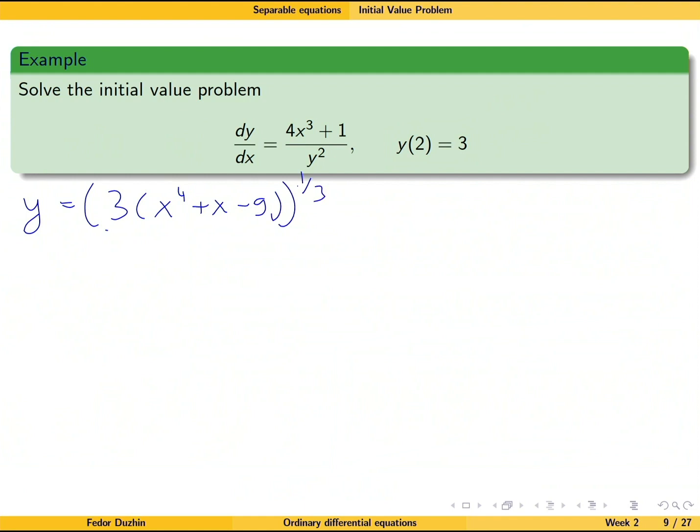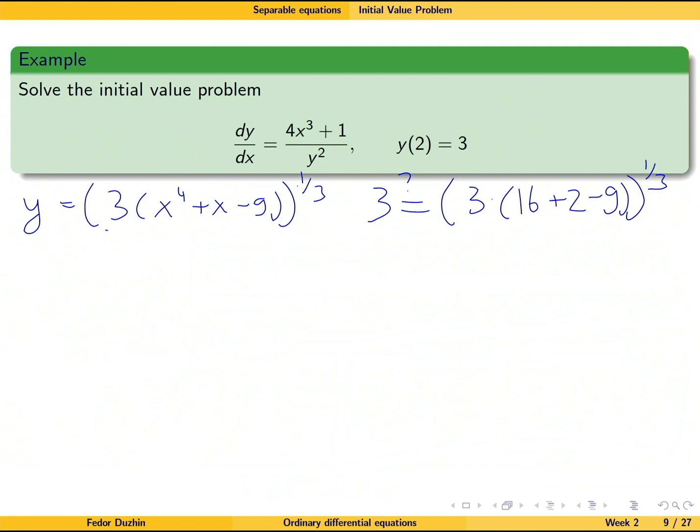Let us verify the initial condition first. So in the initial condition, y should be 3. And then is it true that 3 equals 3 times 2 to the 4 is 16 plus 2 minus 9, everything to the power 1/3?